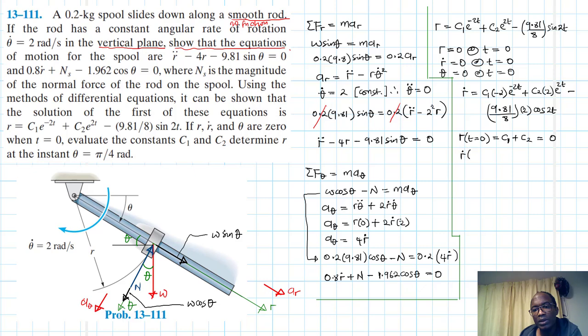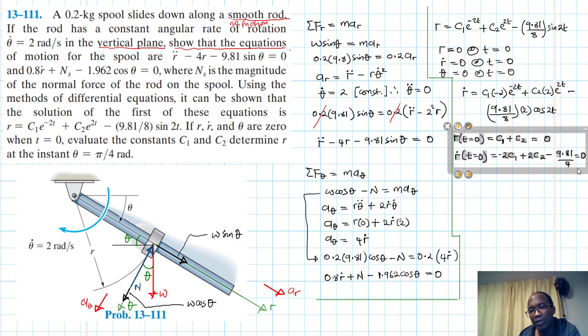Then r dot at t equal to 0 is just going to be equal to minus 2 C1 plus 2 C2 minus, cos 0 is 1, so this just becomes 9.81 divided by 4, and this is also equal to 0, because these are the boundary conditions that we have been given.